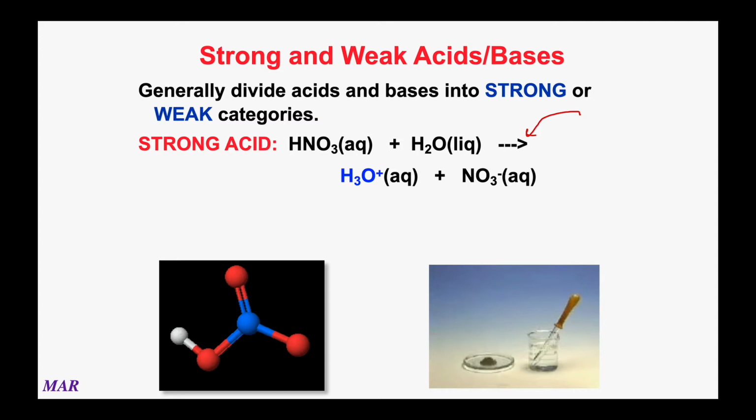After our discussion of equilibrium in the last section, you might think this is an equilibrium, but for strong acids, we will use the single arrow, and that just implies that all reactant is converted into product, and all strong acids and strong bases, for that matter too, dissociate 100%. So if you had 0.1 molar HNO3 solution, you would actually have 0.1 molar hydronium, H3O+, and 0.1 molar nitrate. There wouldn't be any HNO3 running around.